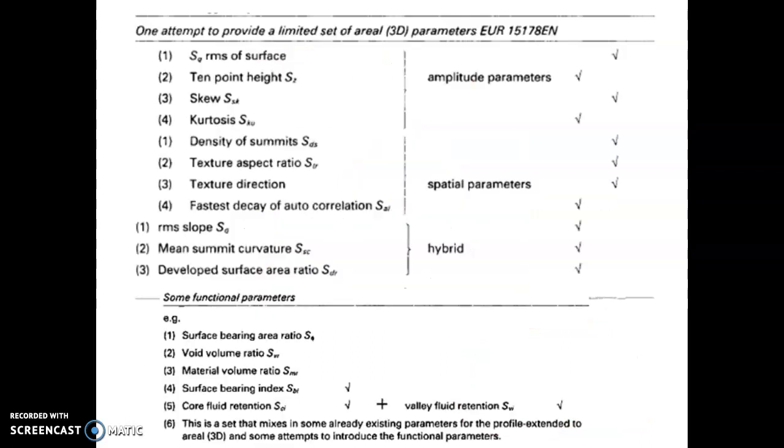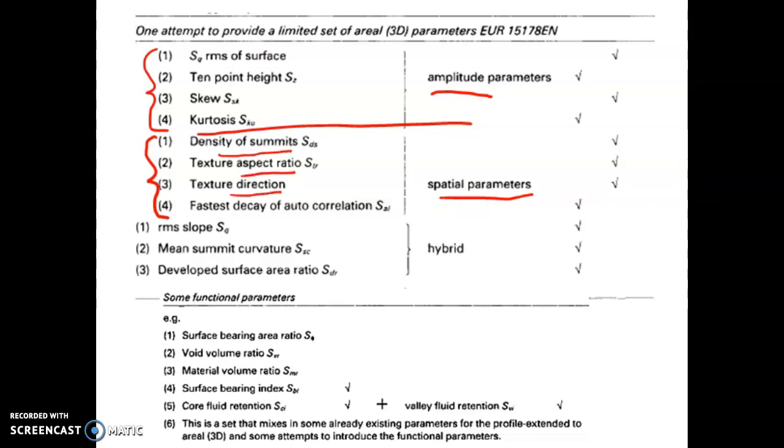The table indicates some common parameters under the various categories. From 1 to 4, up to kurtosis, these are amplitude parameters, and in the next set, the 4 numbers come under spatial parameters. They are density of summits, texture aspect ratio, texture direction, and fastest decay of autocorrelation.